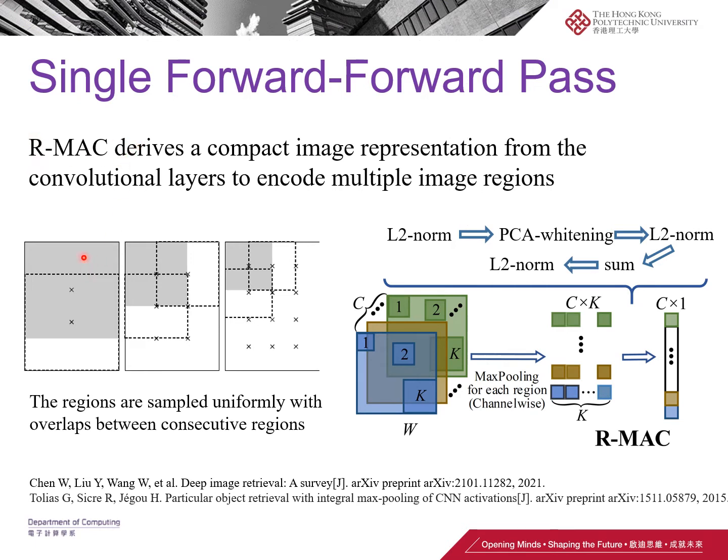So this is the idea of R-MAC. The R actually stands for region. What we're doing is almost the same as the previous pooling method. The only difference is we summarize them region by region. For example, we have different ways of dividing one image into different regions. This is one region and this is another region.